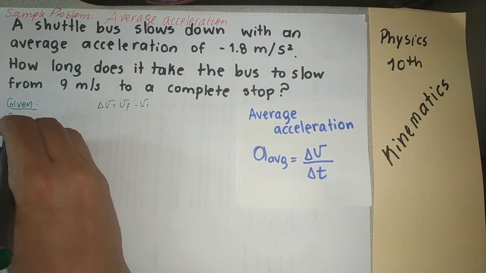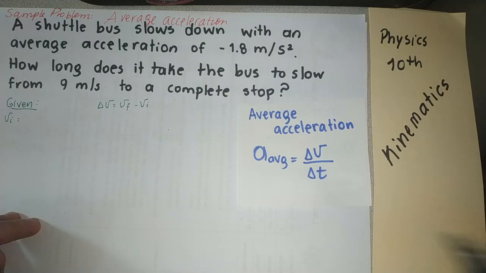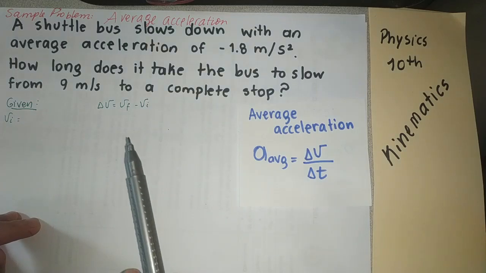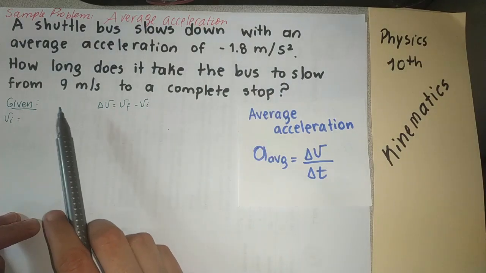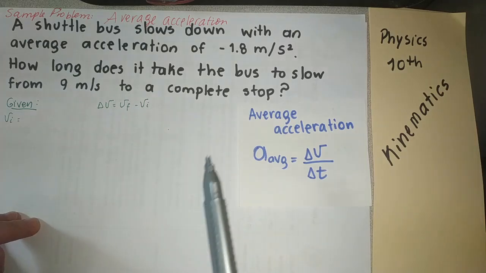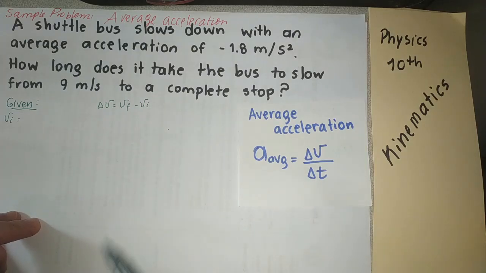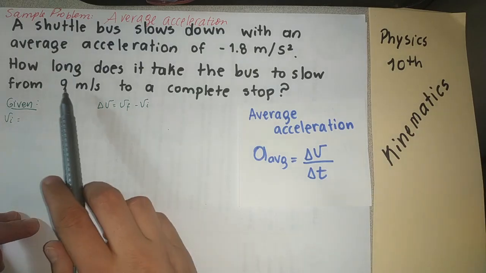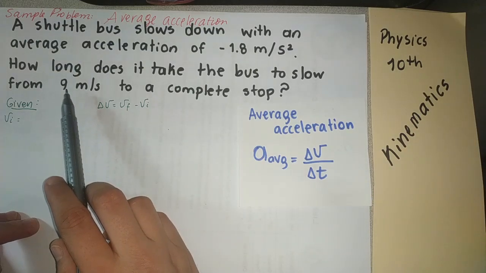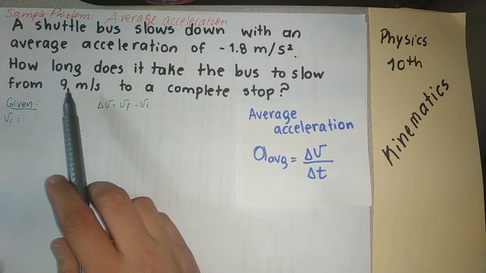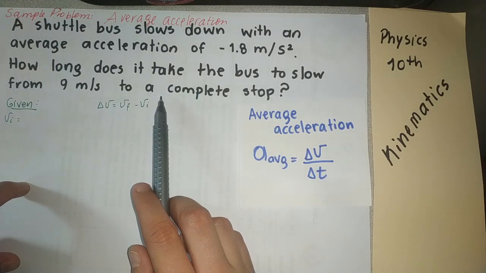Which one is the initial velocity? Let's read the problem again. It says to slow from 9 meters per second to a complete stop. What does it mean? The bus was traveling at 9 meters per second, and at the end the bus stopped.